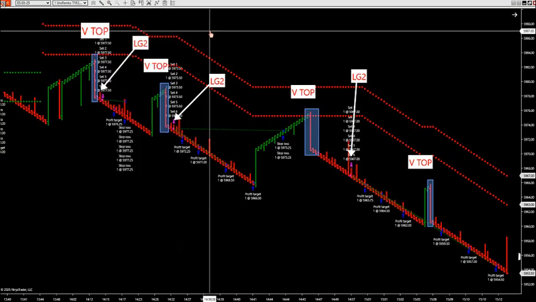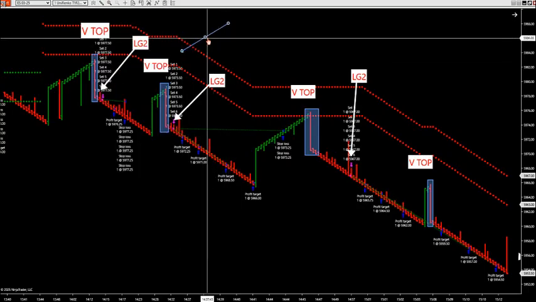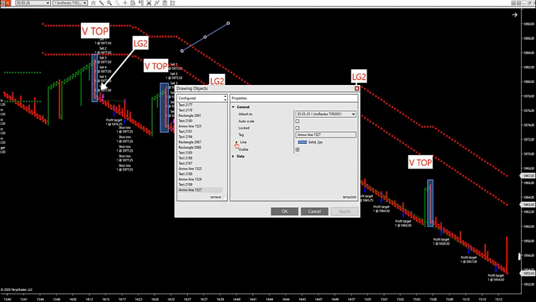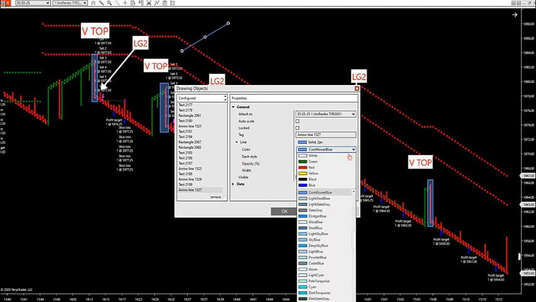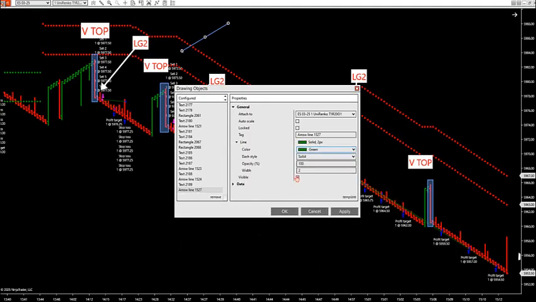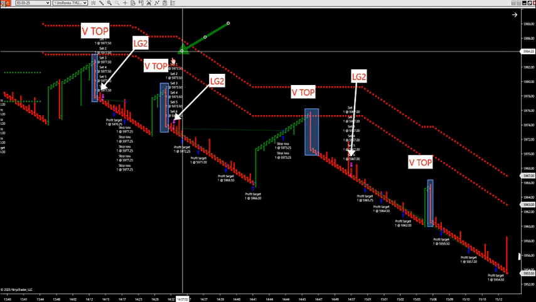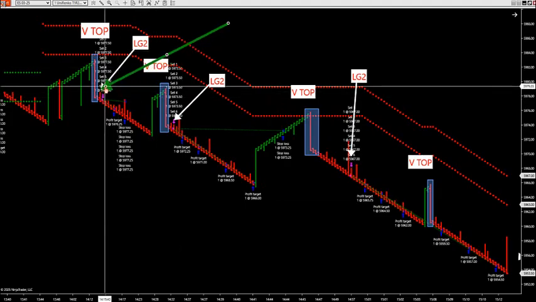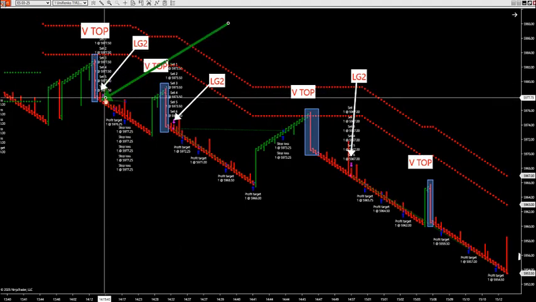Let me get an arrow up here so you can see it. The strategy will look to go short on the LG2, the first liquidity grab or the first distortion in price against overall trend, which it did, and it comes back with trend and got short here.